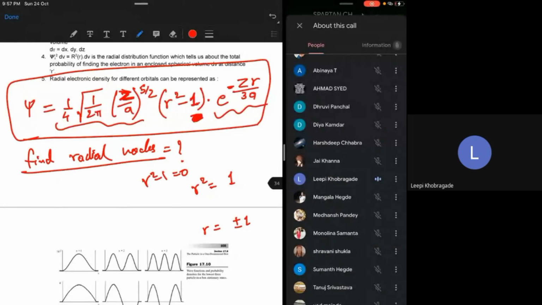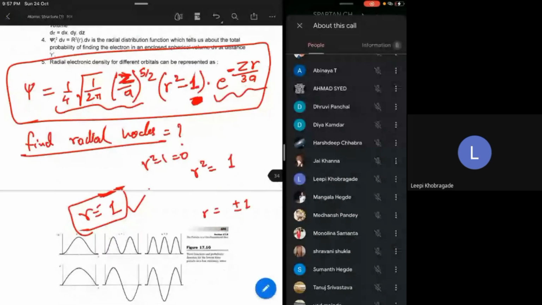Technically there should be two, but it should be one only. Why one? Because radius cannot be negative, so minus one should not be considered. So this will be just one radial node, plus one only is considered. So just one radial node. Yeah, you're right. You all got it.